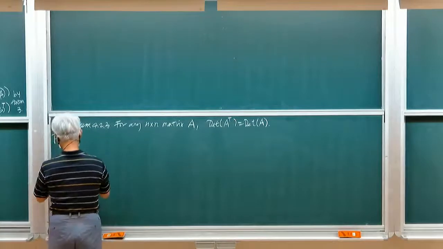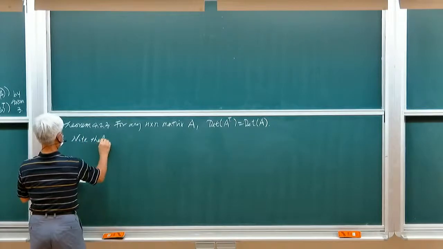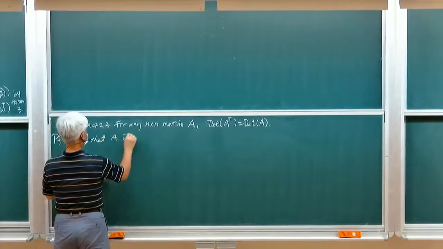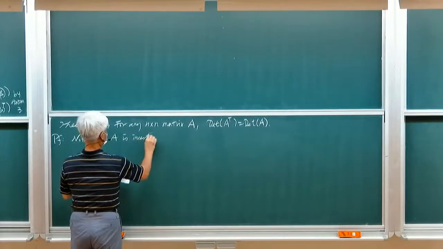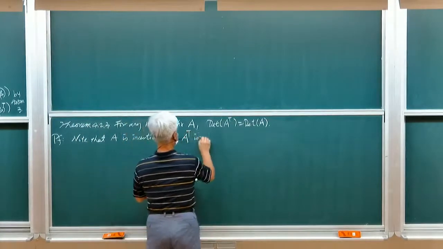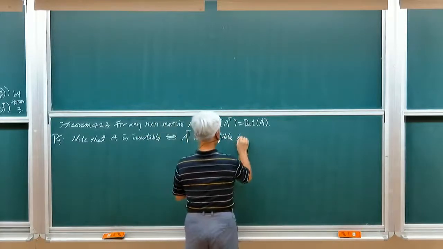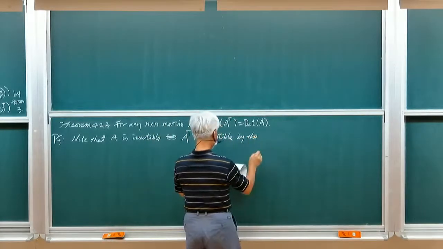All right, so we note that A is invertible if and only if A transpose is invertible, by the invertible matrix theorem.